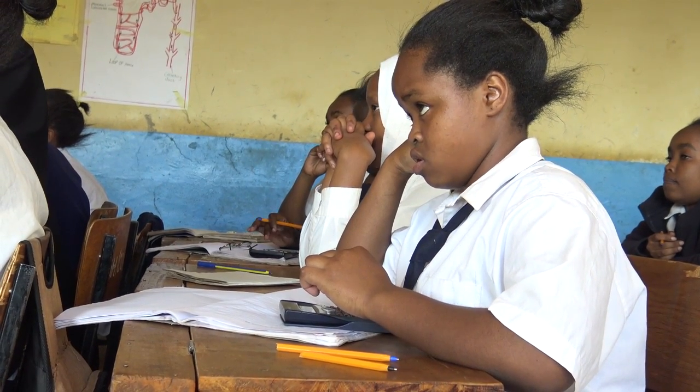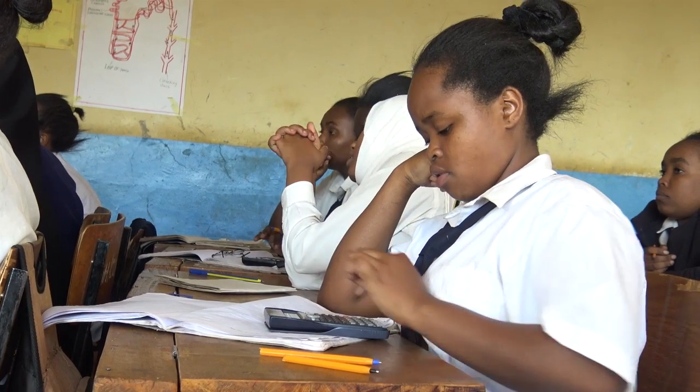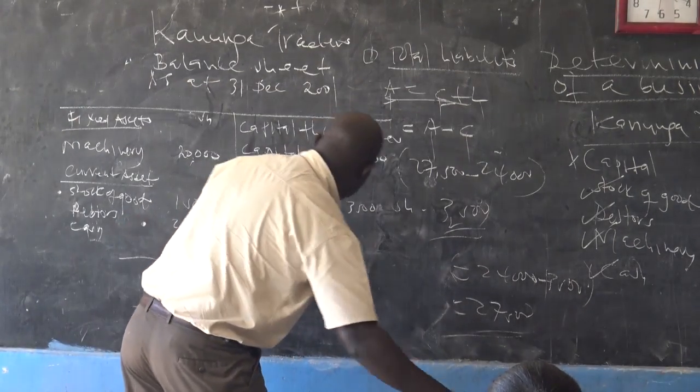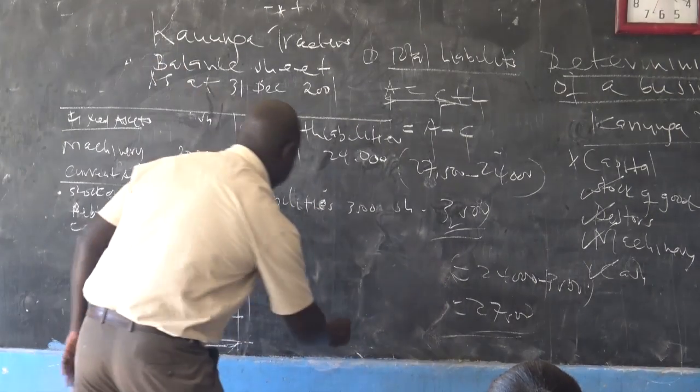In accounting, this one is a must. You double underscore, on the same line, using a ruler.